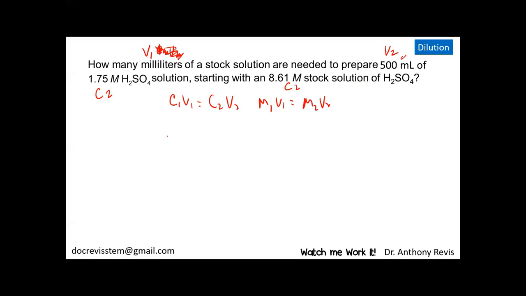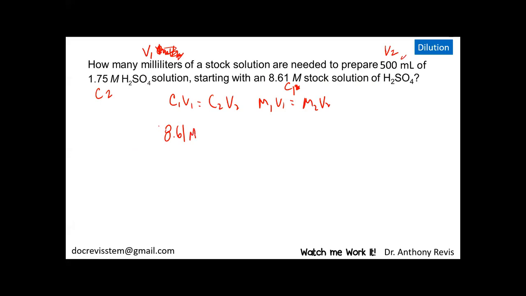So we have V1, we have concentration C1. You get one, and you just watch me work it. You see all my common mistakes. These are actually common mistakes made a lot too.